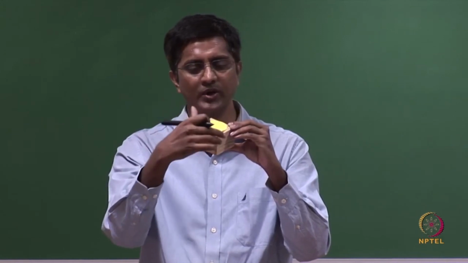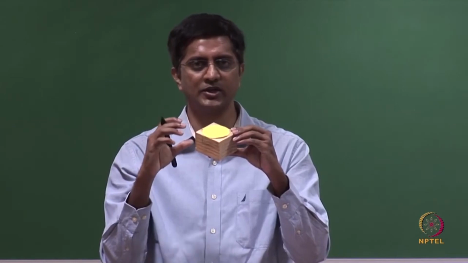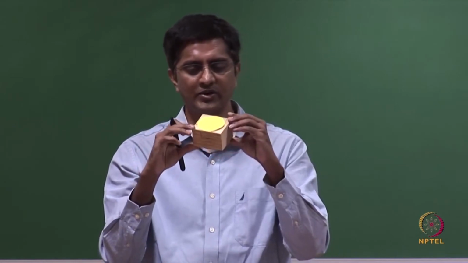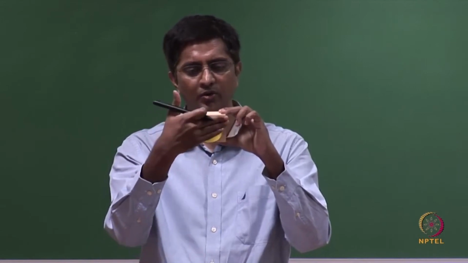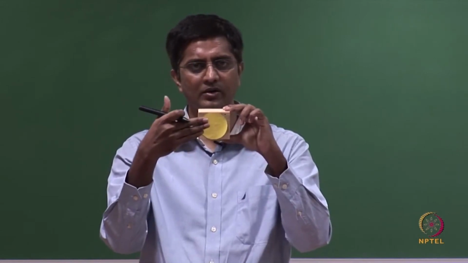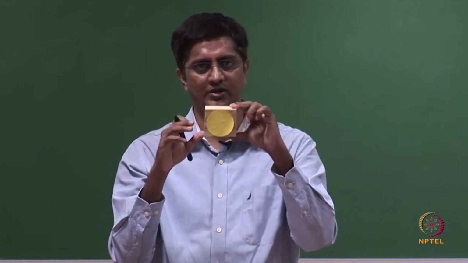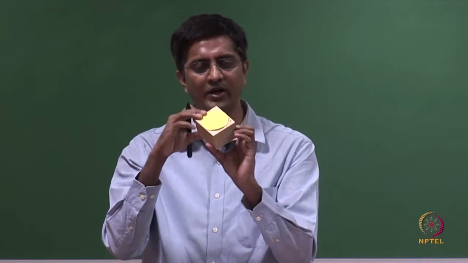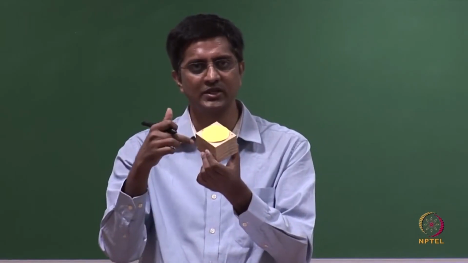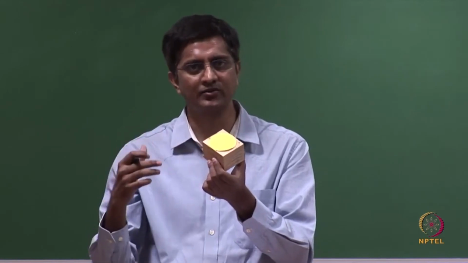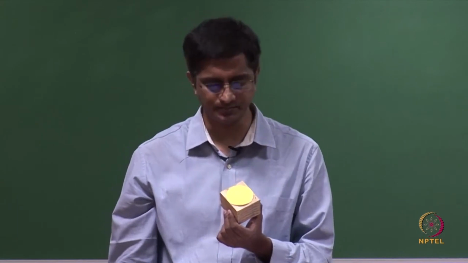Since you are able to look at three different faces, you can quickly understand how this object looks. Instead, if I was holding it as previously, you would know how this front face looks, but you would have no clue about the other features of this object. But the moment I orient the object such that you can look at three different faces, you get a better understanding of the object. This we call the pictorial representation.